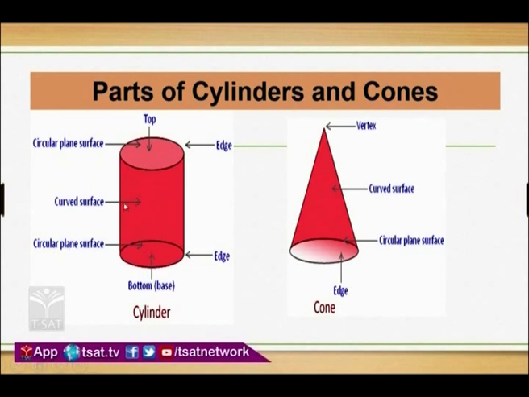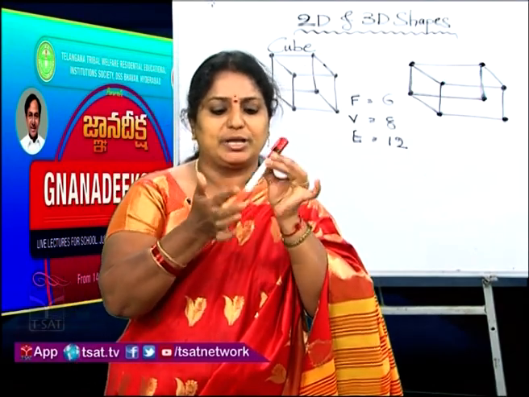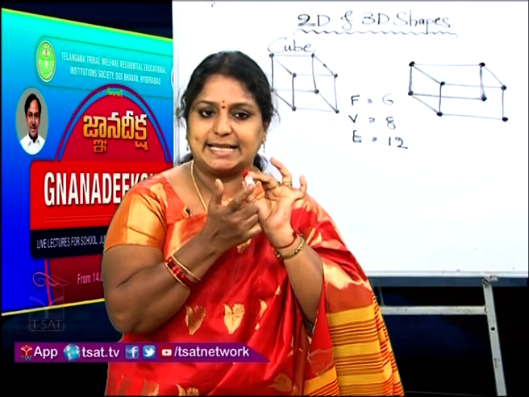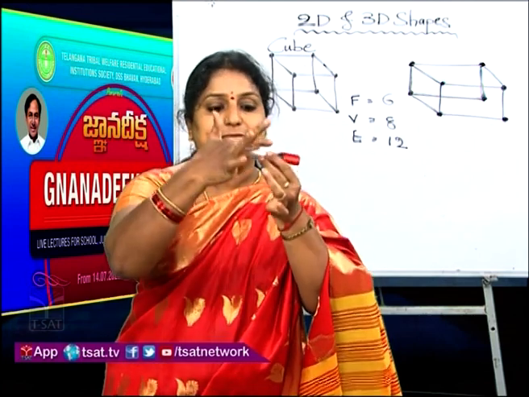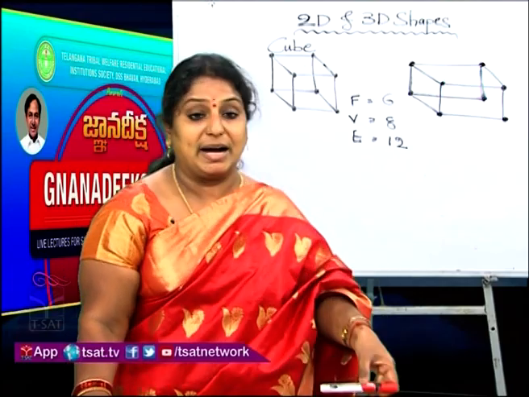Now, you can see here the curved surface. Curved surface indicates this portion. I want to show you with the help of a marker. If you see this marker, the top portion and bottom portion indicate the circular plane surfaces. This portion indicates the curved surface. So, these are the parts of the cylinder.